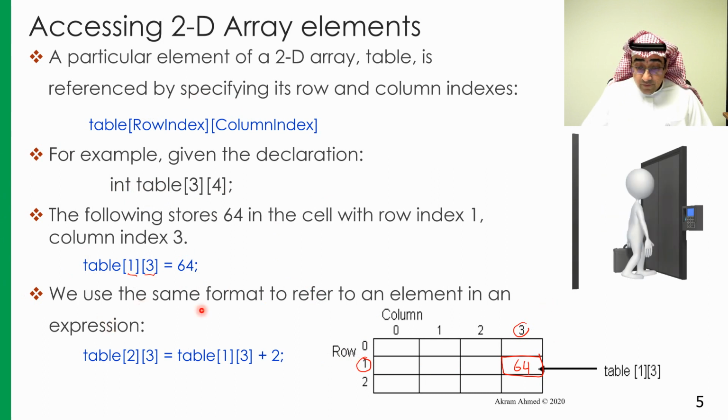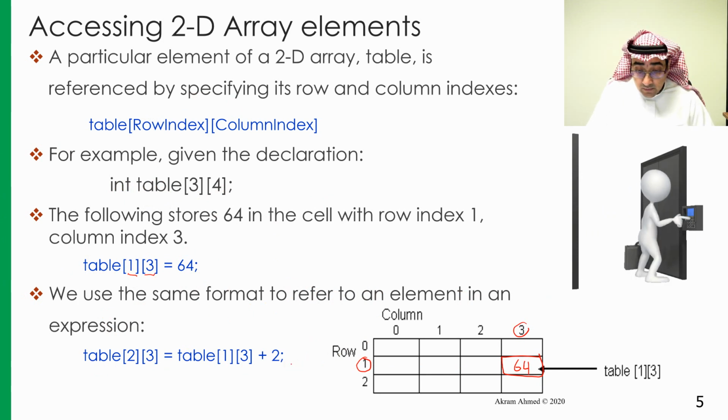We use the same format to refer to an element in an expression. So you can actually say table[2][3] = table[1][3] + 2. In this case, now going back to our pen, sorry, we have table[2][3]. So we go to 2 and 3. This is the element that we are talking about. This will equal the value of table[1][3], which is 64.